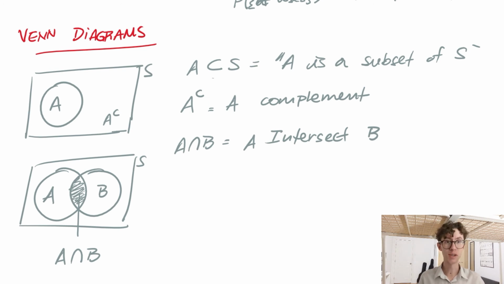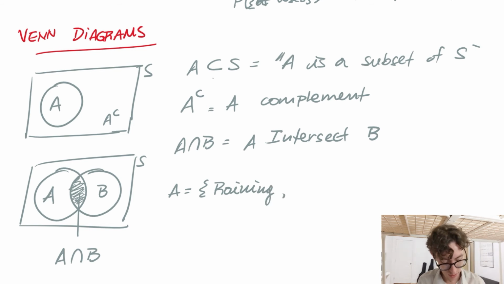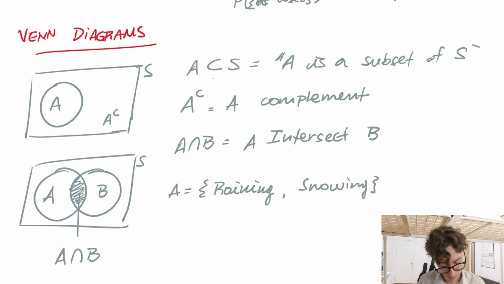So for example, what do I mean by this? Great, we're drawing and stuff, but give me an example. Let's go back to our example of raining, snowing, about the weather. Let's say that A is equal to raining or snowing, and B is equal to clear or snowing.